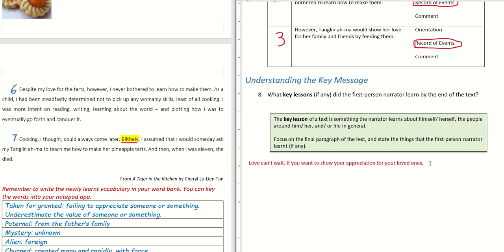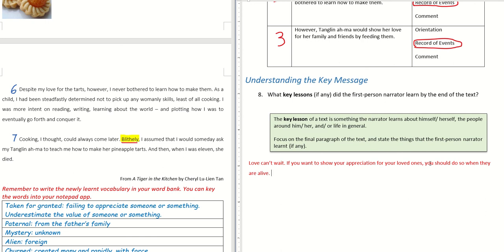So if you want to show appreciation for a loved one, you should do so when they are alive. That's one key lesson that the first person learned by the end of the text, where she said cooking could always come later. So that means there's a regret that she has. She should have learned how to make the tarts much earlier when Tanglin Ama was still alive.